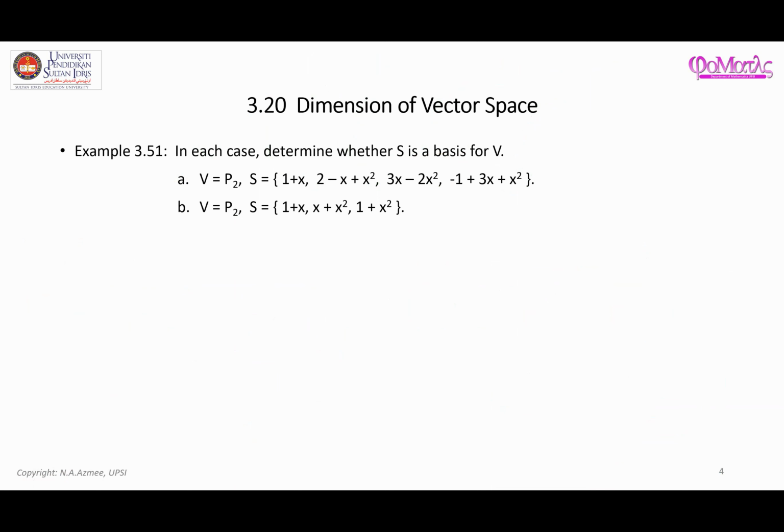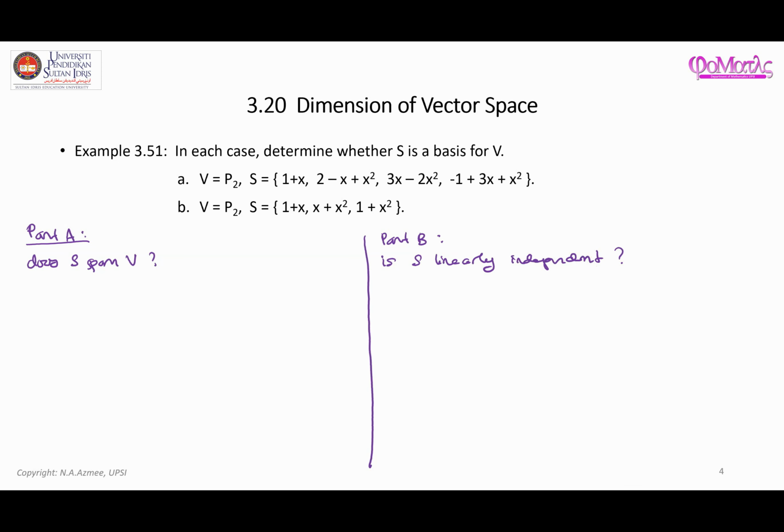Okay, so for question B, again, in order to show that it is a basis, first of all, we have part A, where you need to show: does S span V, and part B here is: is S linearly independent. So there are two things that you need to show for it to be a basis of a vector space.